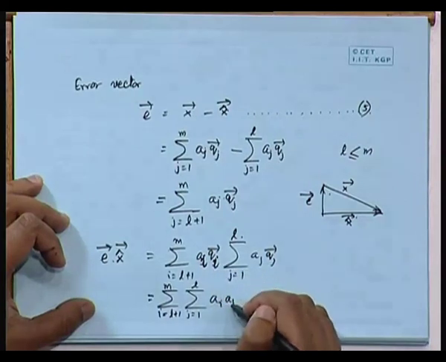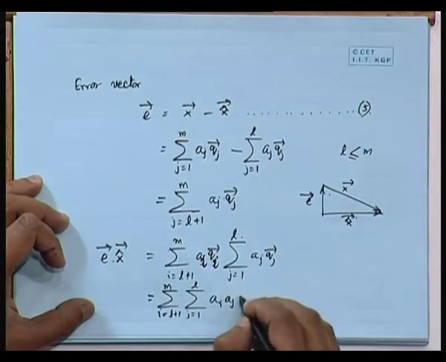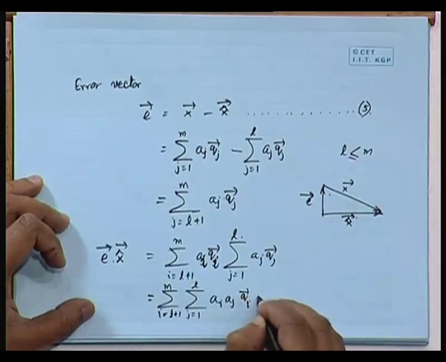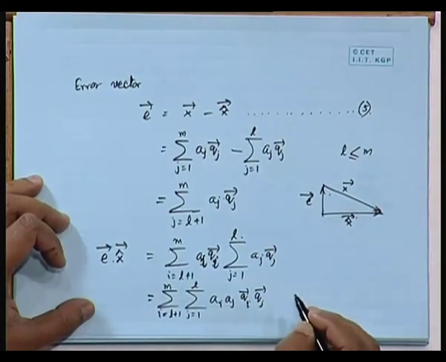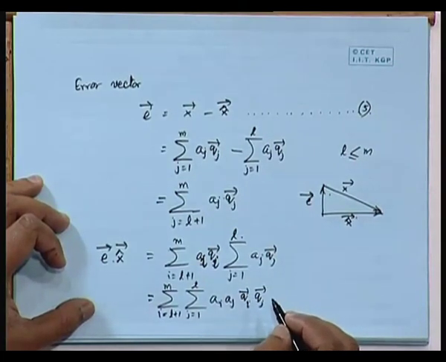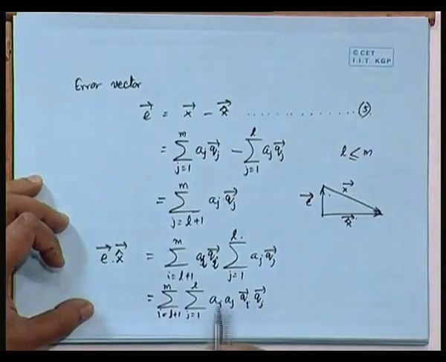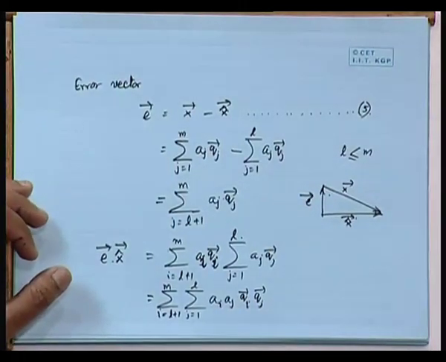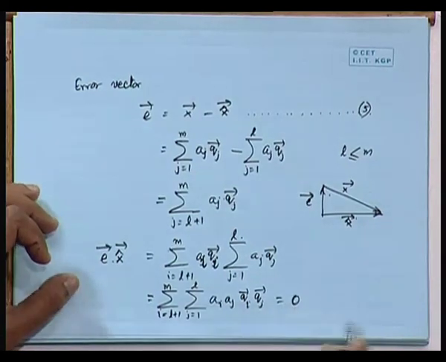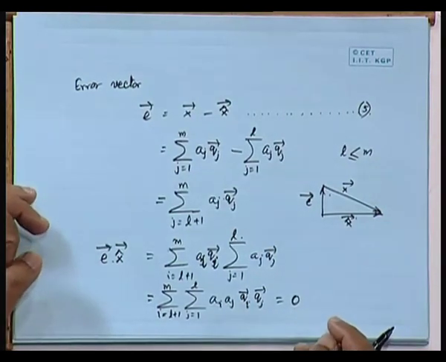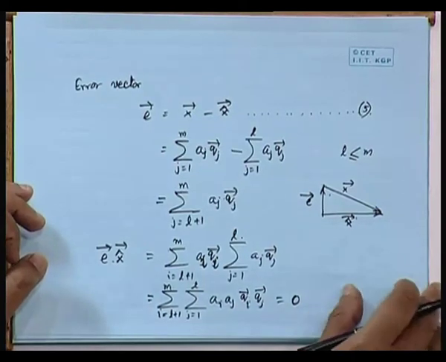So, it is ai, aj we have taken from here, but then we have qi and qj, and because the qi's are all orthogonal to each other, the qi qj product is definitely going to be 0 in this case, because i is not equal to j very clearly. So we get this term to be equal to 0, so that the error is orthogonal to x.